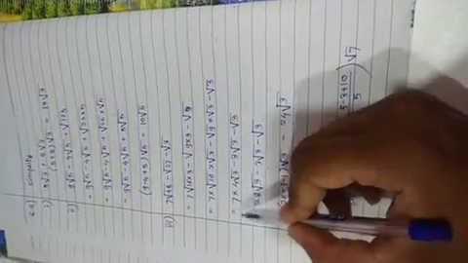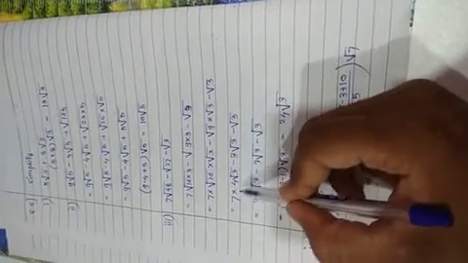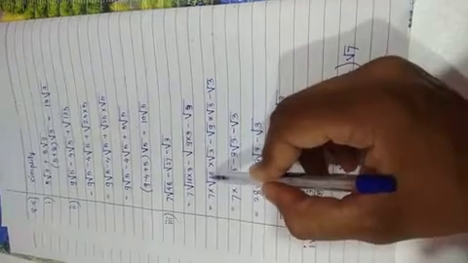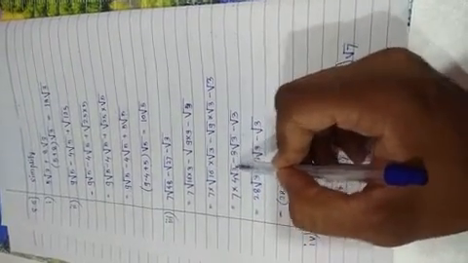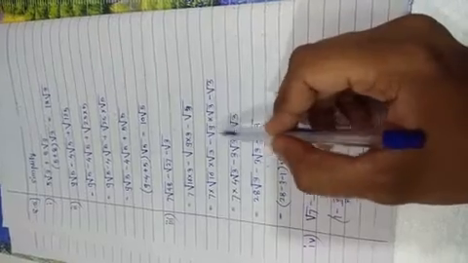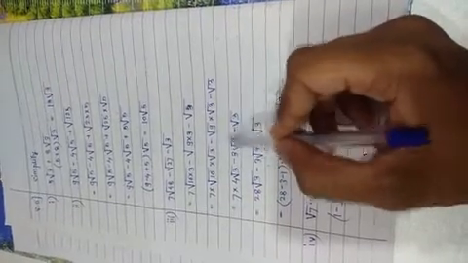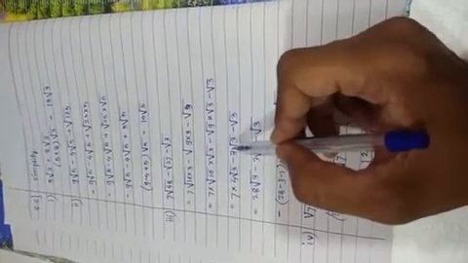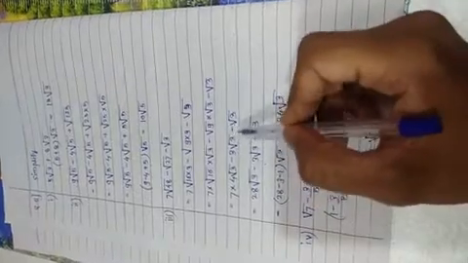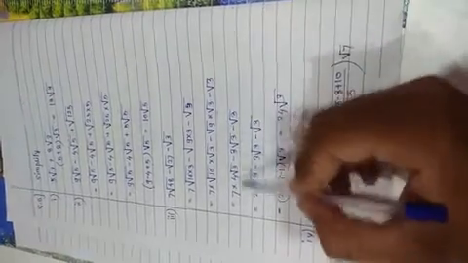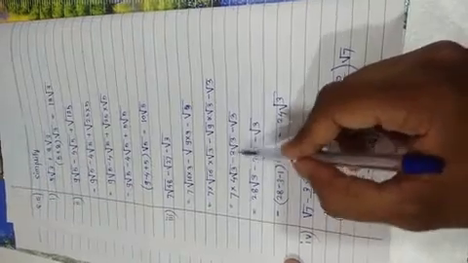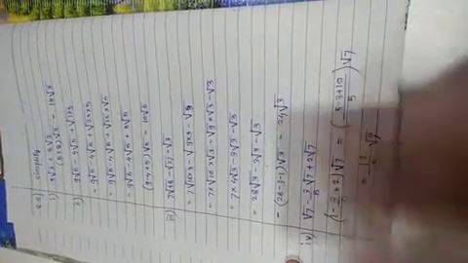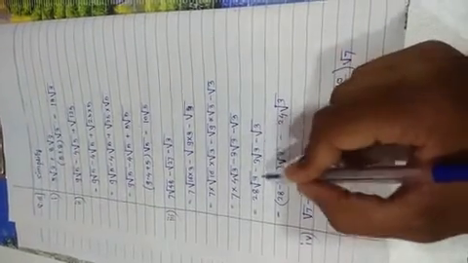Obviously root 16 is the perfect square of 4, so 4 into root 3, minus, root 9 is a perfect square of 3, so 3 into root 3, minus root 3. Again simplify it: 7 4s are 28. So these are the common terms, 28 root 3 minus 3 root 3 minus root 3. We take root 3 common in the three terms.